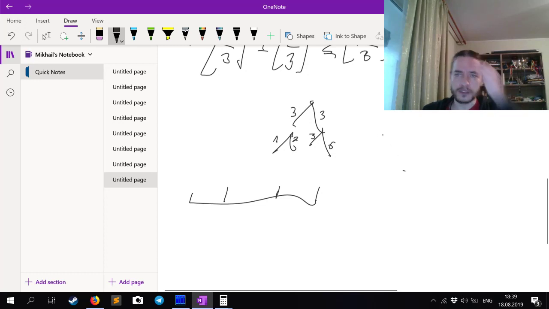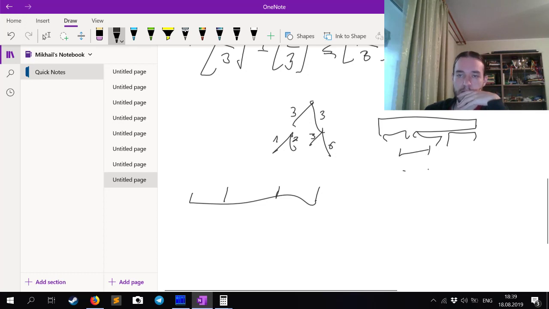So the structure is the whole segment is partitioned into subsegments, and then they partition into subsegments. And depending on the type, if they are ordered, then we have all possible subsegments of that. And also we have everything that happens inside, right? But we cannot allow, we have these now. So how do we not allow that?